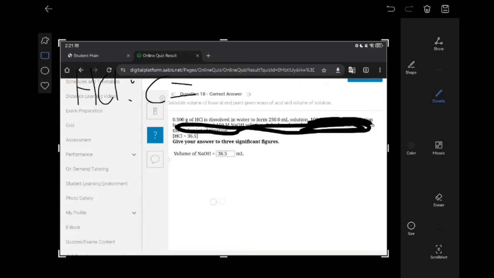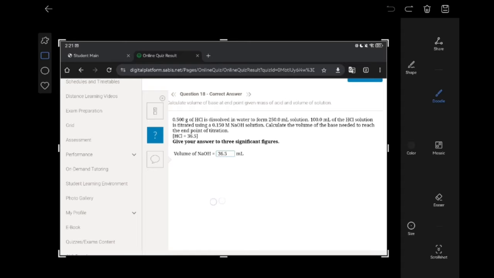The second part, look, now we know that the concentration of the HCl is 4 over 73. Because remember, it's split into two parts. So in the first part, we got the concentration. Second part is when they started mixing. So they mixed 100 milliliters of the 250 here, yeah?